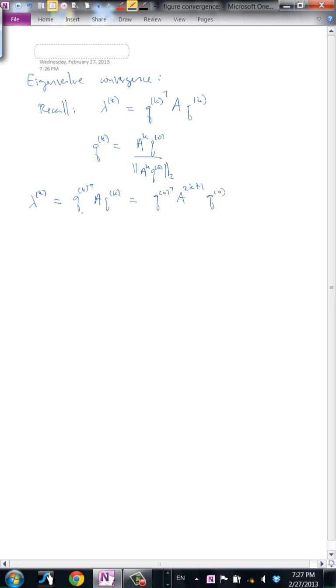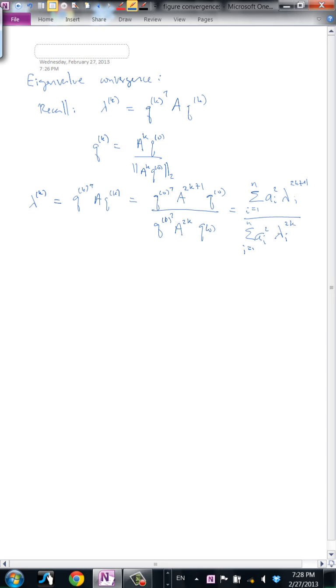The k came from the first q, another k came from the second q, and then the plus 1 came from the A itself, and the normalization is just q of 0 transpose A to the 2k q of 0. And if we write this out with the exact expansion that we used on the previous page, this is now equal to the sum from 1 to n of ai squared lambda i to the 2k plus 1 divided by the sum from i equals 1 to n of ai squared lambda i to the 2k.